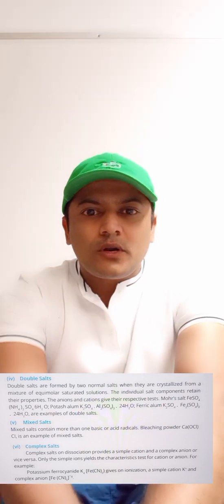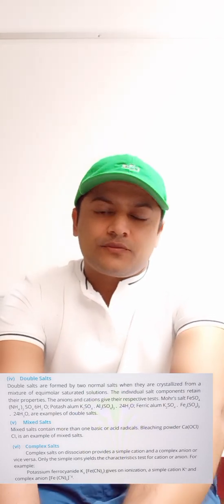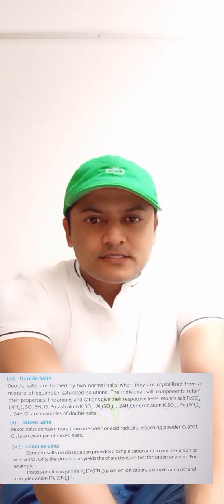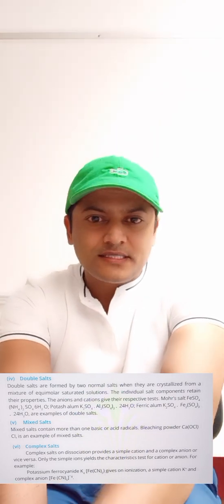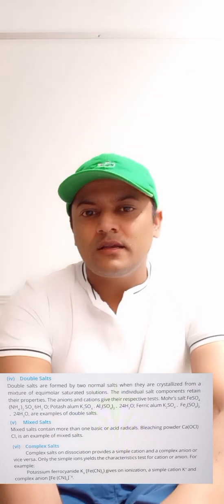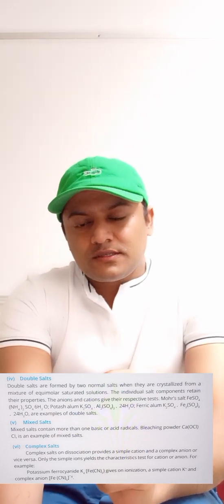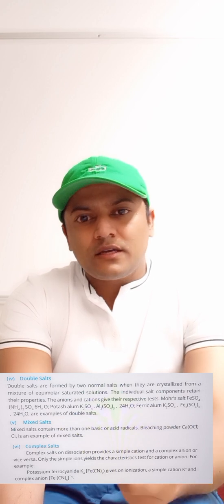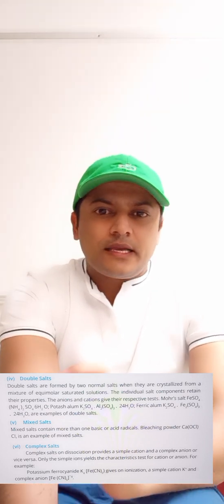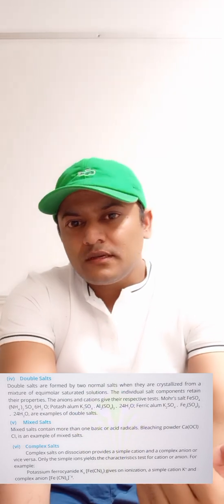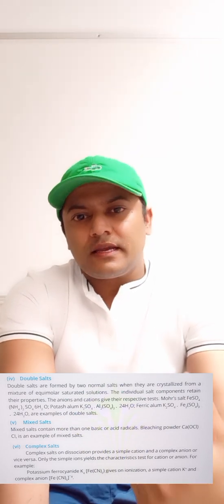So let's talk about the sixth type, that is our last type of salts, that is called complex salt. Basically, a complex salt should have one species in complex form and the other in simple form. Like the cation could be a complex and the anion simple, and vice versa.